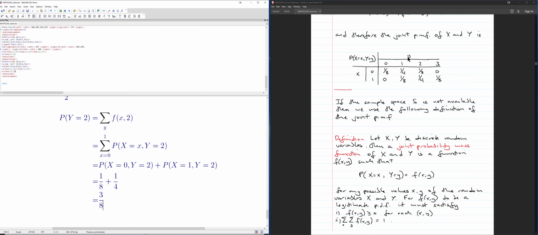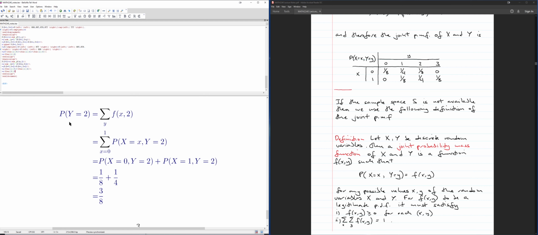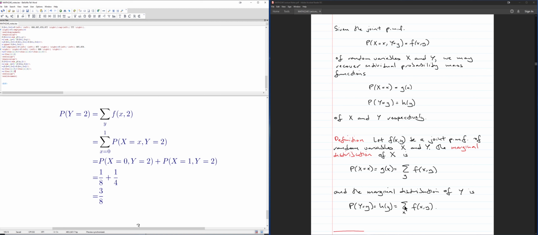If I want to calculate for a marginal distribution for y, if I want probability that y is equal to 2, then what I'm doing is I'm using this formula over here, in the case when the small y is equal to 2. And what that means is, right, so this should be an x. Yeah?